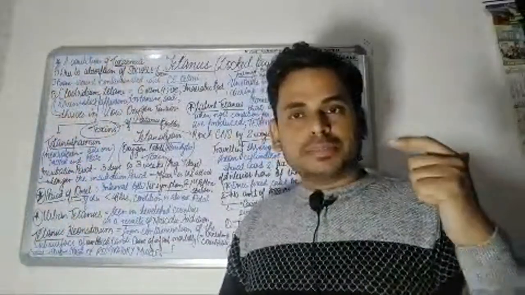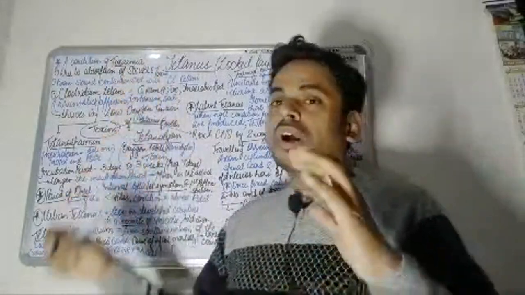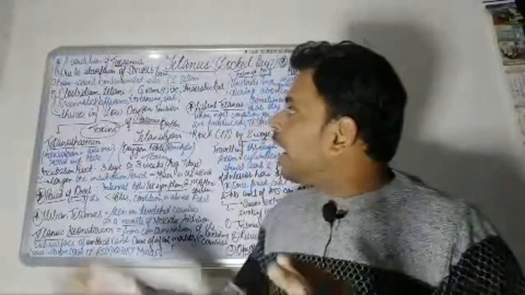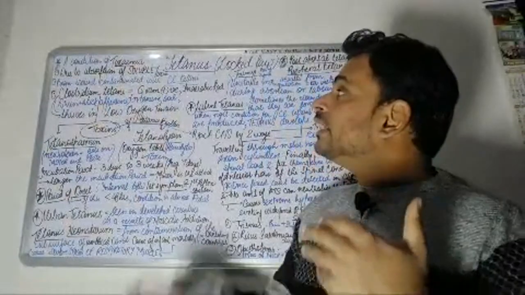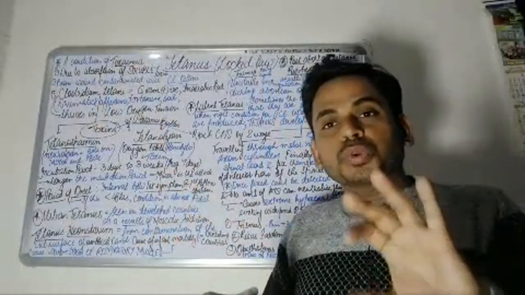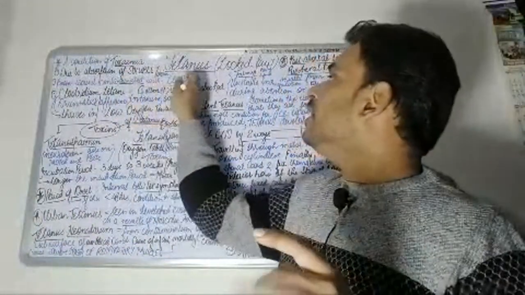So tetanus has been defined in medical terminology as a condition of toxemia due to absorption of the soluble toxin, that is, an exotoxin, from a wound contaminated with Clostridium tetani.